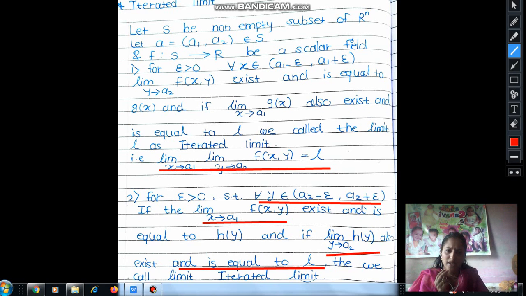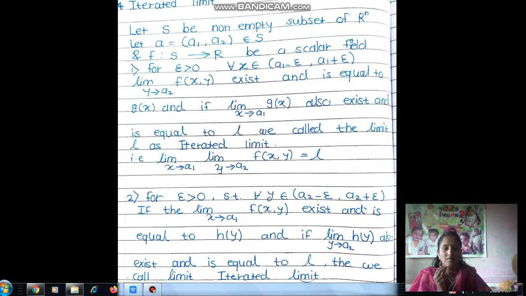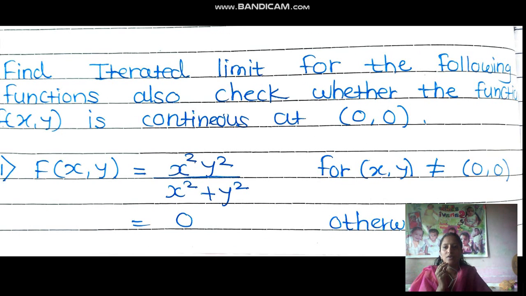Now how are iterated limits calculated? Let us see some examples. Okay. Now, one example is: find the iterated limit for the following function. Also check whether the function f of xy is continuous at (0, 0).